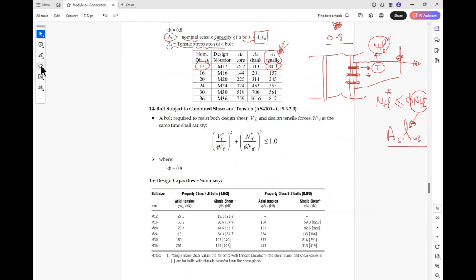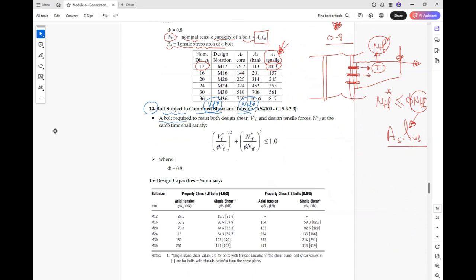In some cases, or most of the cases, we have a bolted connection subjected to combined shear and tension. So you might have Vf* and Ntf* on the connection or in the bolt.